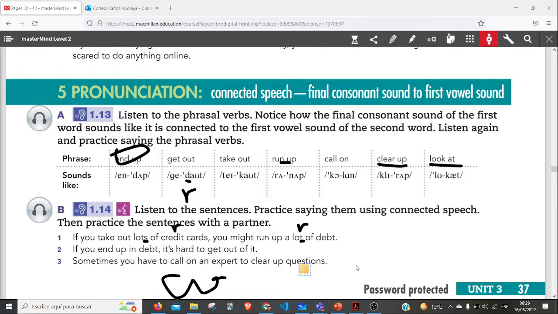Get out of it. Get out of it. Ahora vas a escuchar a un activo. Okay? So, you can see here. One second.